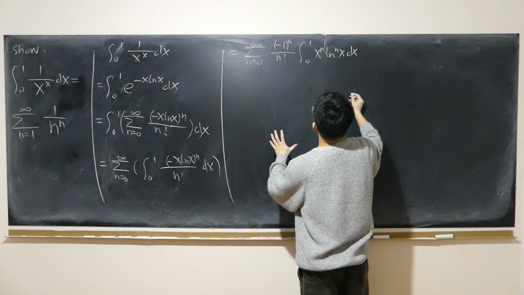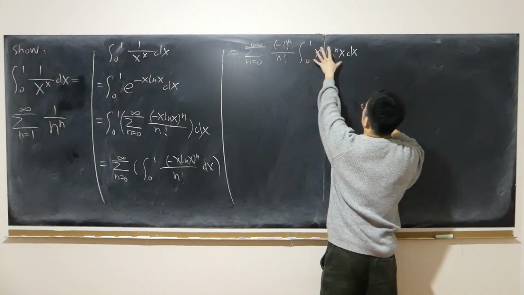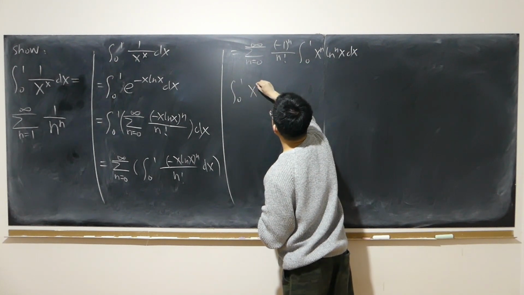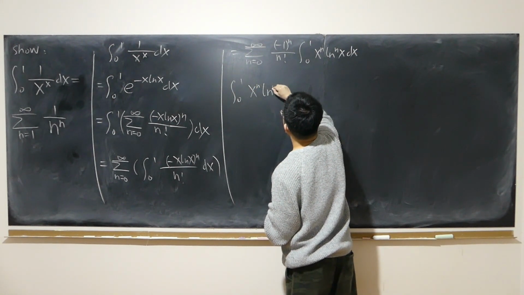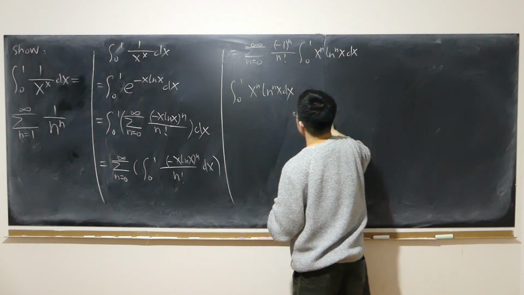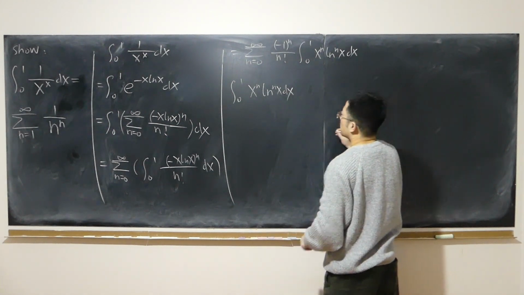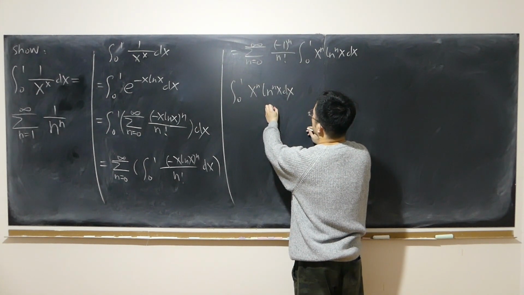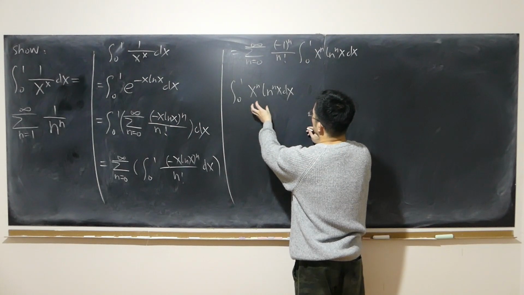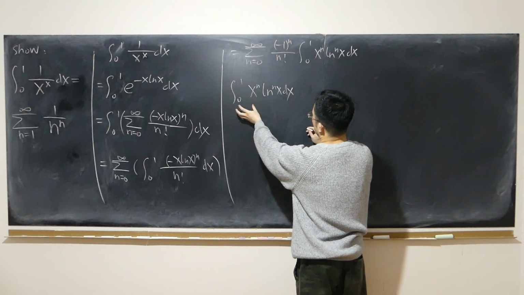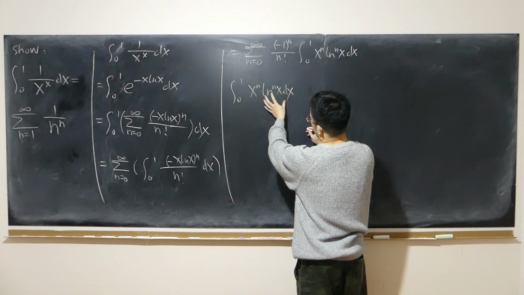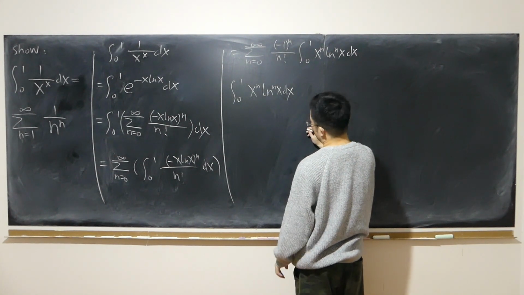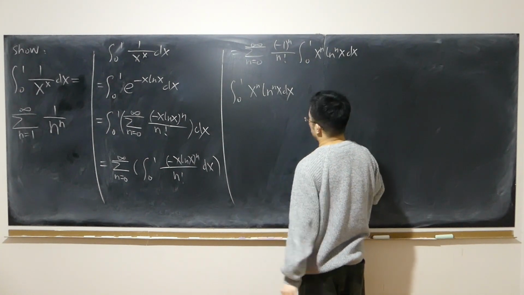Right. So I'm just going to have a look at this integral, 0 to 1 of x to the n log to the n of x dx. Of course, I need to decide which one to treat as u and which one as dv. Since the antiderivative of x to the power of n is easier to find compared with the log of x to the power of n, I'm going to treat log to the power of n of x as u, and then find its derivative.